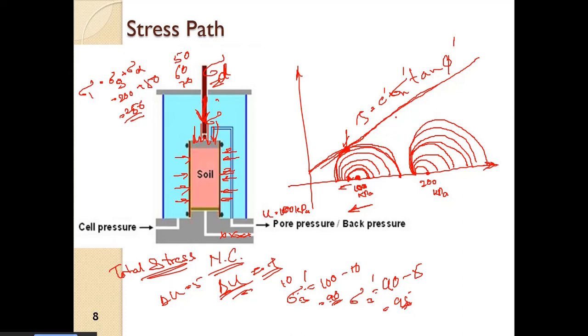So what is sigma n dash? Definitely we can find it out from this one. But if I plot stress paths in this way, going on plotting a Mohr circle for each increment of stress, then we are never done doing the stress path. So we cannot do that.